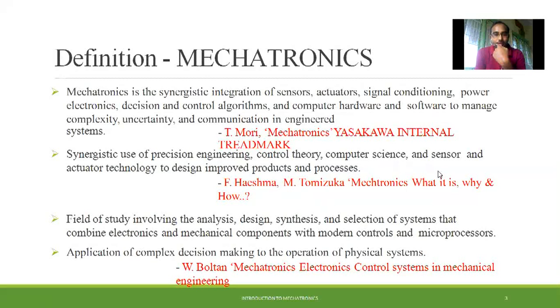Next, coming to computer science and sensors. Sensors, basically, we know, are feedback devices utilized in the components. This sensor will give the signal as feedback to the controller, and that controller will determine whether the processing is being done with the mechanical components in a correct manner or not. Here, the computer science department will program the overall actions that need to be performed by the actuators.